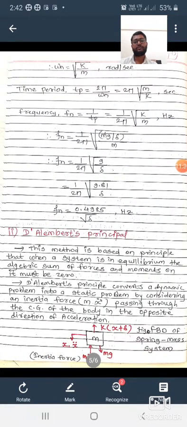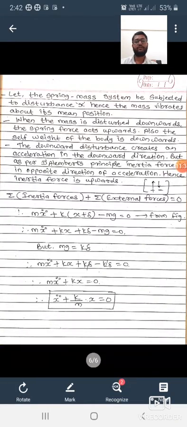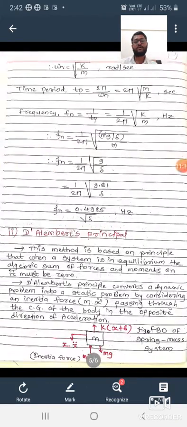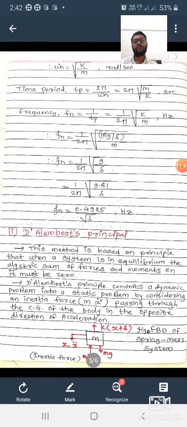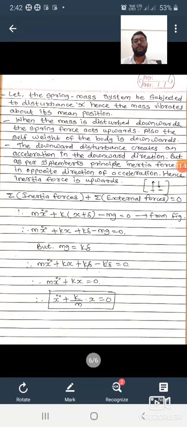Here the inertia force mx double dot acts upward, which is considered positive, and downward forces are considered negative. We have summation of inertia forces plus summation of external forces equal to 0.